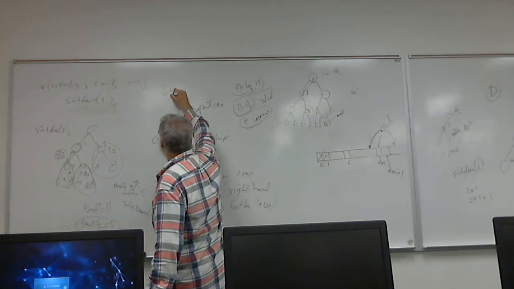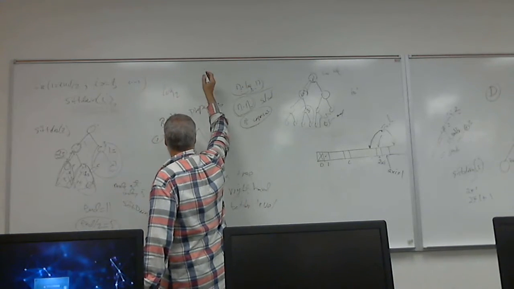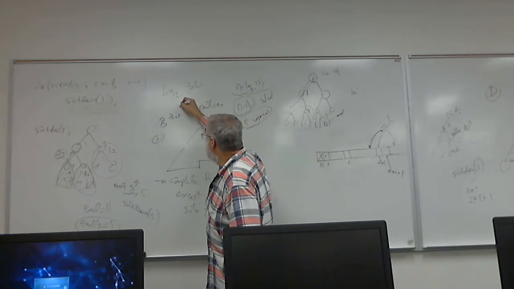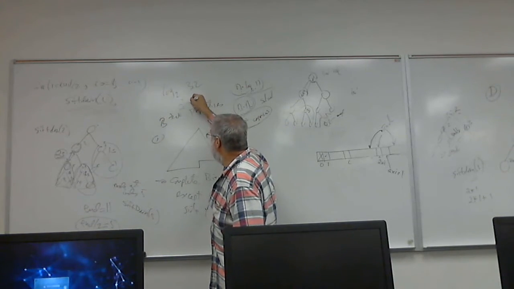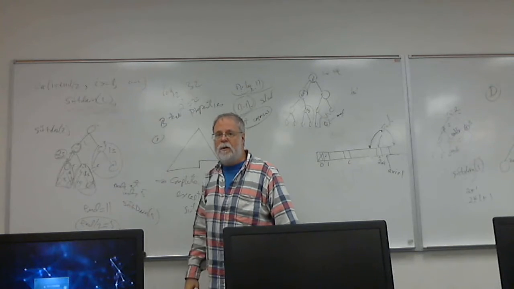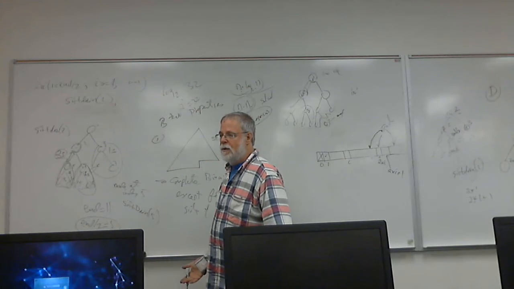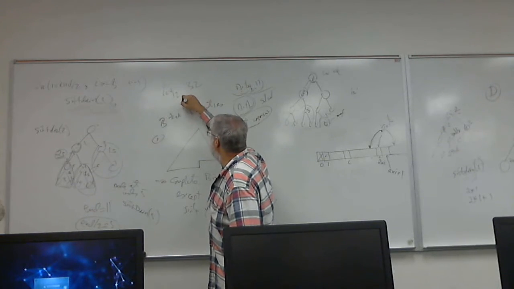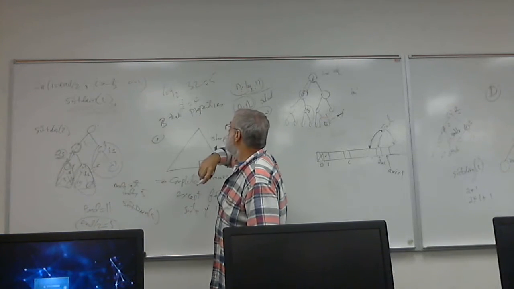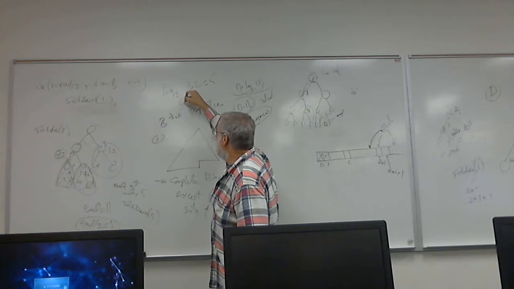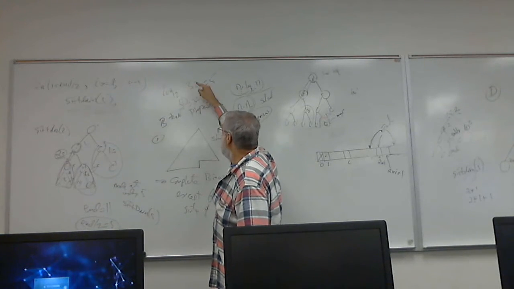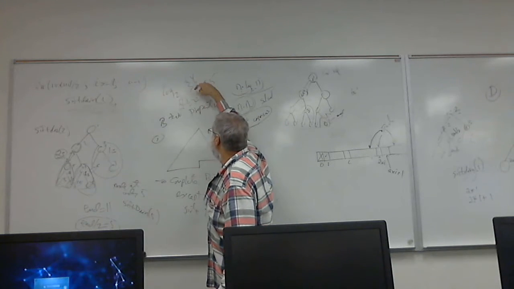What is log to the base 2 of, I don't know, 32? This is not a mysterious thing. What exponent do I have to put on 2 to give me 32? The answer is 5. So the point is exponents grow much slower. If I double 32, I get 64.